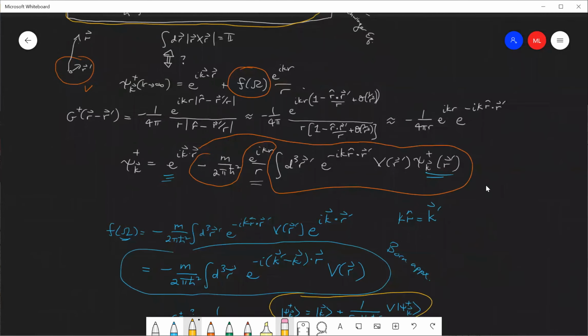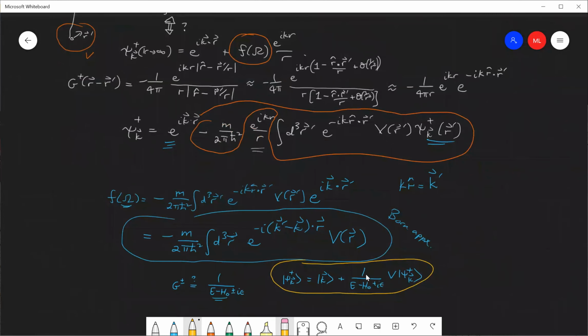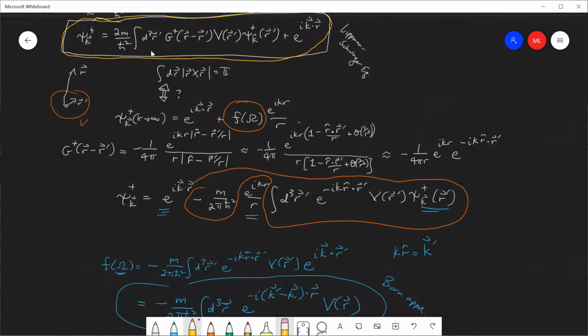But it's this equation actually, because I didn't put the G. So it's 2m over h bar squared times G, I guess. Yeah. So anyway, this is the Lippmann-Schwinger equation in operator notation. It's the same as this equation in coordinate space.